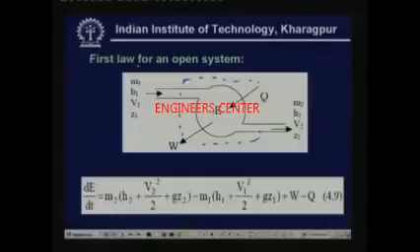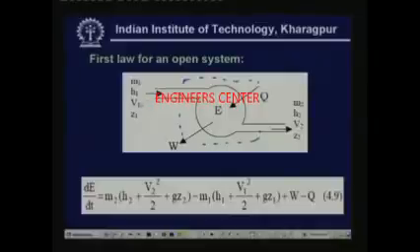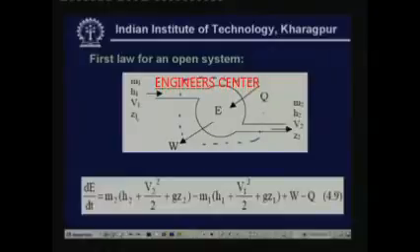That means the fluid is entering at a rate of m1, and at that condition, that means at the inlet, it has an enthalpy of h1 and its velocity is v1, and its height with reference to a datum is z1, and it is leaving the control volume at a mass flow rate of m2 with an enthalpy of h2, a velocity of v2 and a datum head of z2.